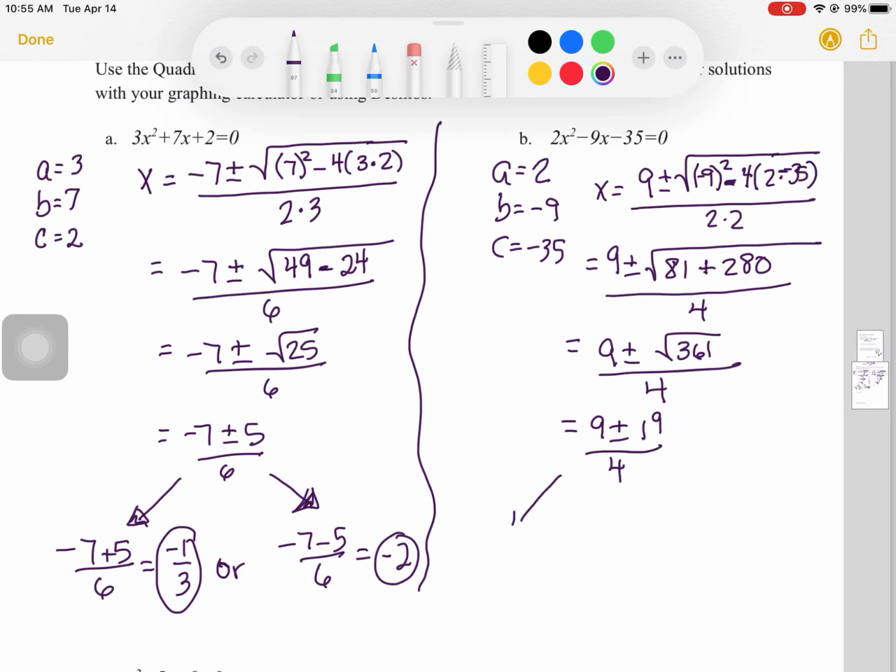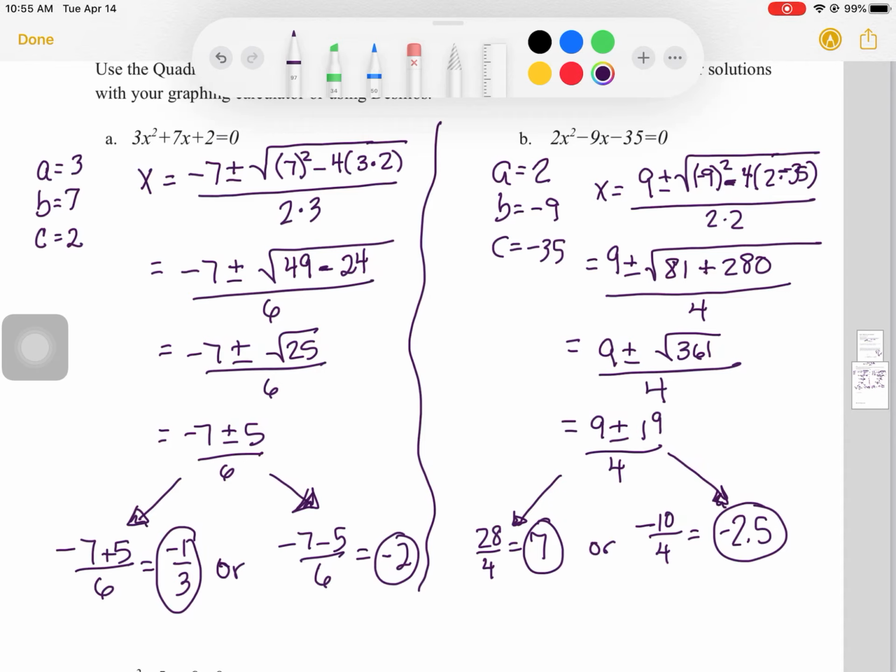The square root of it is 19. 19 over 4, and now I can break it into my two solutions. 9 plus 19 is 28 over 4, so 7 is one of my solutions. And then I've got 9 minus 19 is negative 10 over 4, and that is negative 2.5, my other solution. So far these have worked out fairly well, nice, pretty neat numbers.